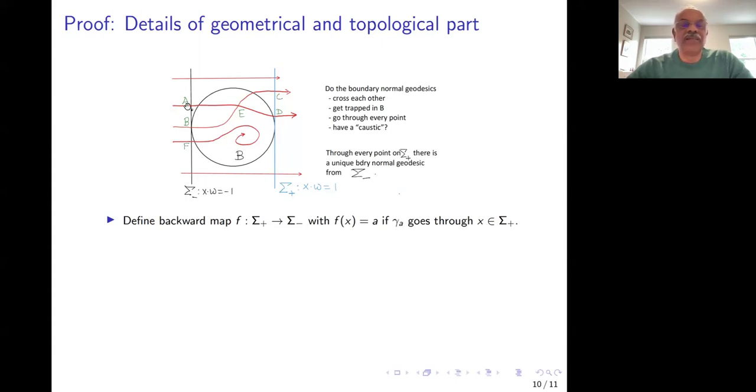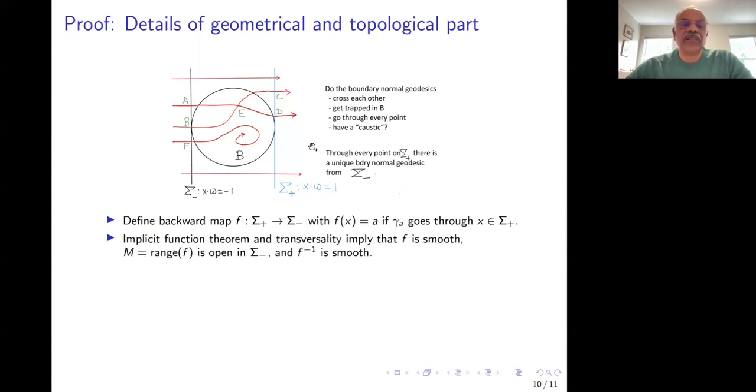And notice that these geodesics are transversal. So an implicit function argument and transversality imply that this backward map F, from sigma plus to sigma minus, is a smooth map, and that the range of this backward map, call it M, is actually an open subset of this hyperplane. There may be trapped geodesics, we don't know.